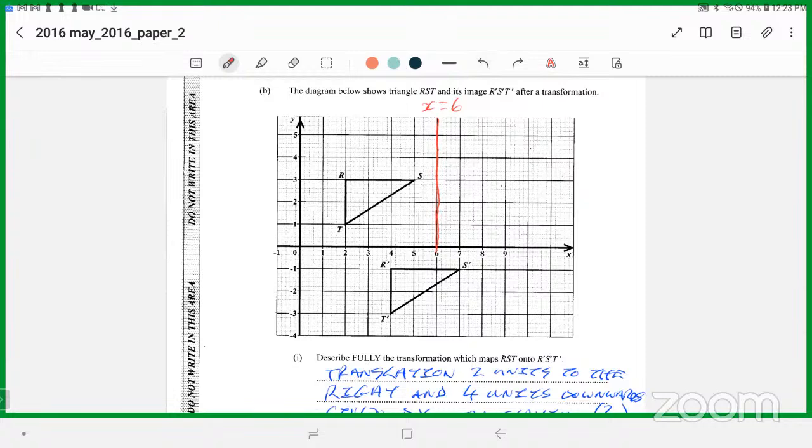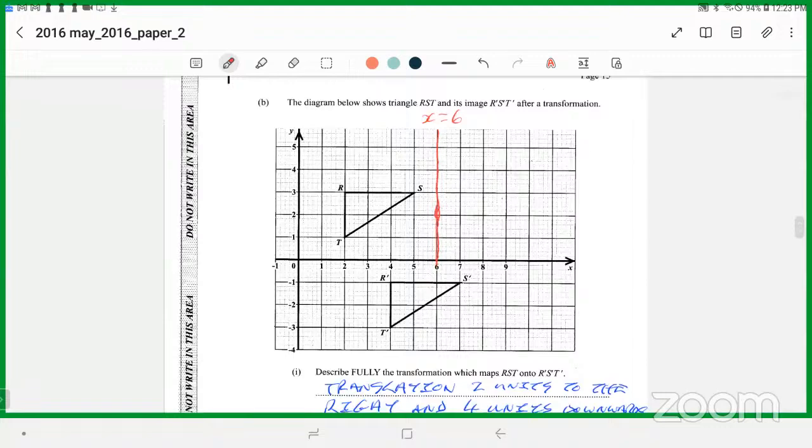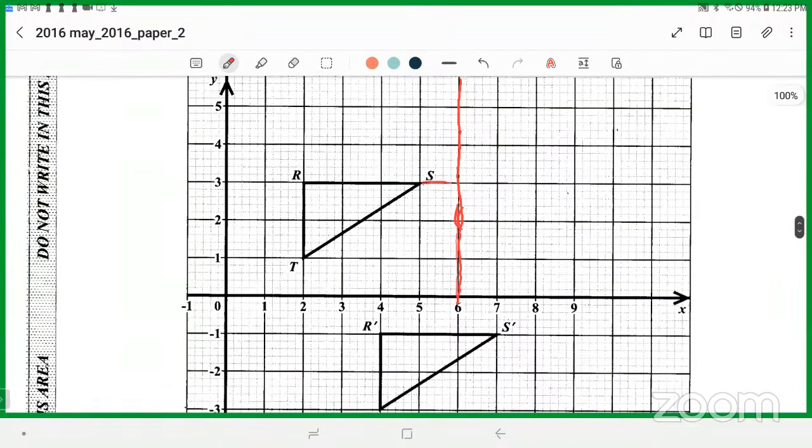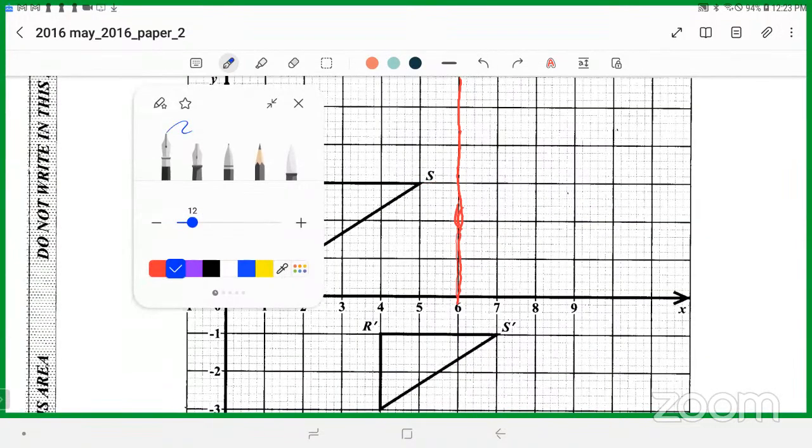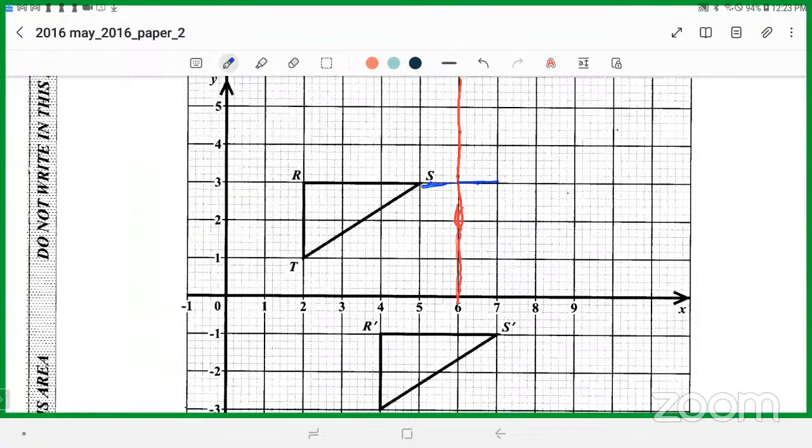Remember, do reflection one point at a time. Image distance equals the object distance. All right, let's zoom in. This S is 1 unit from the line, so it's going to go 1 unit on the other side to here. That's S double prime. Now this one is 1, 2, 3, 4 from the line, so it's going to go 4 on the other side, 1, 2, 3, 4. So it's coming to here.